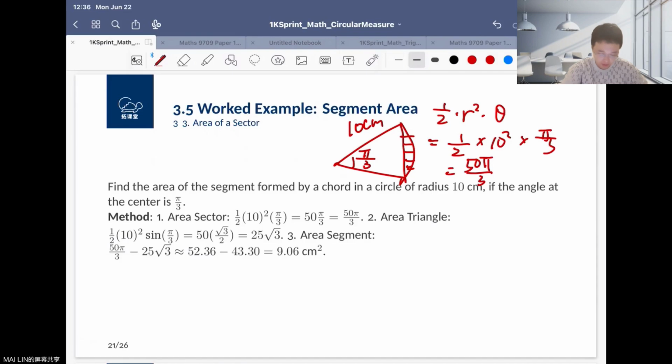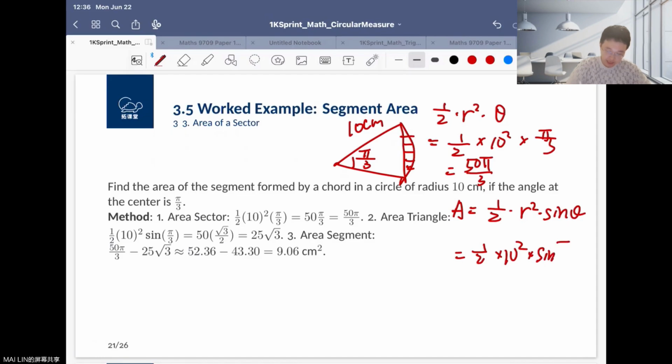And then the triangle's area can be written as a half times the radius squared times sine theta. So that is a half times 10 squared times sine pi over 3. Because sine pi over 3 equals square root 3 over 2, it can be written as 25 times square root 3.